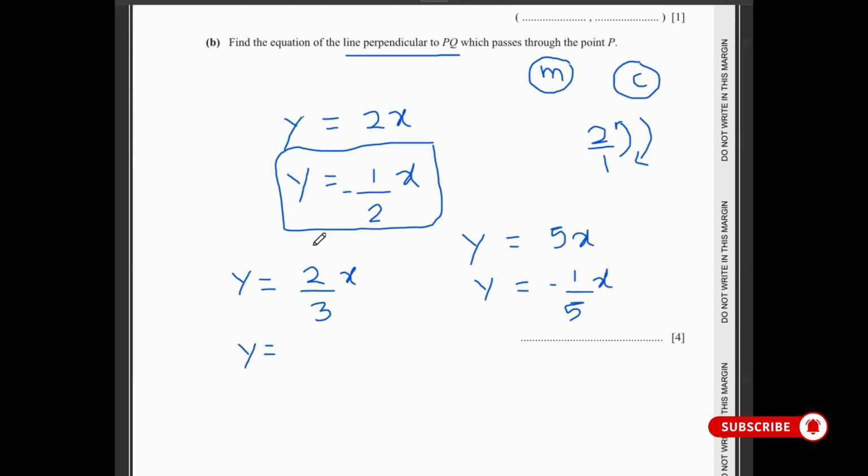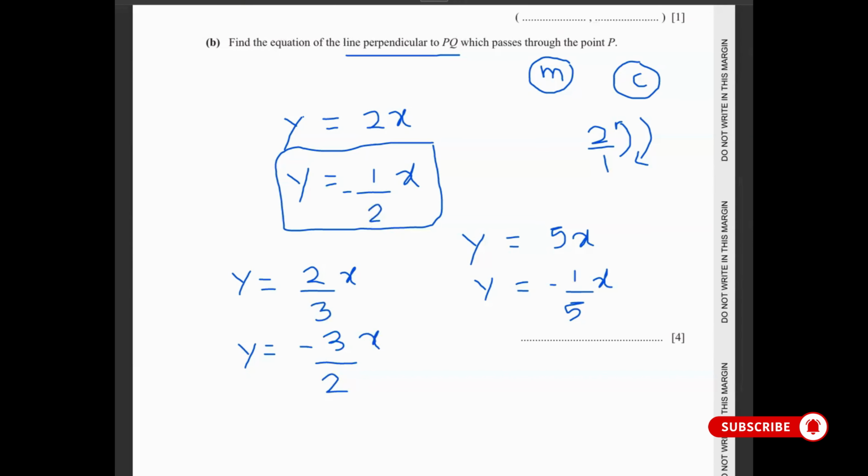There's a denominator as well, so we need to write the reciprocal. The reciprocal means turning the given one upside down. That means y equals minus 3 over 2x. To write the reciprocal, if it is a whole number, we take the denominator as 1. But if it already has a denominator, we just turn it upside down. Did you understand?